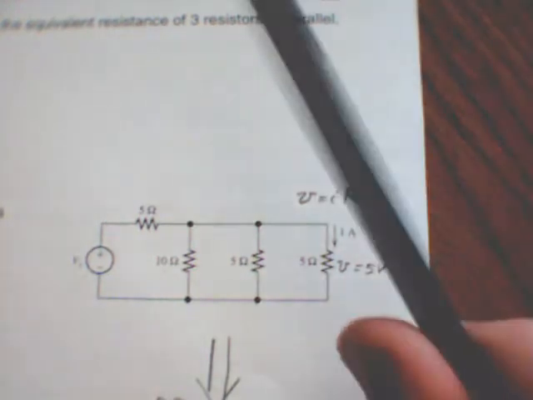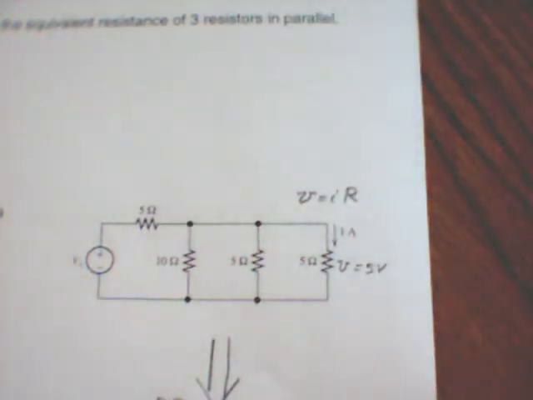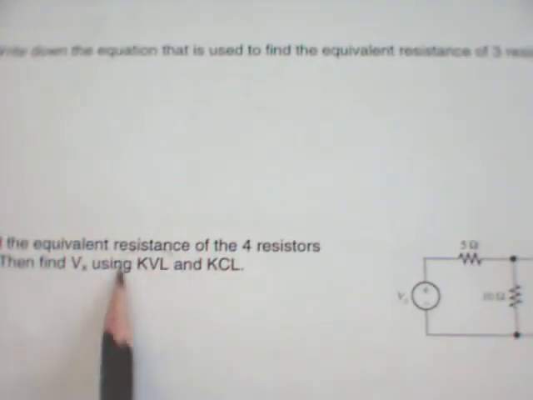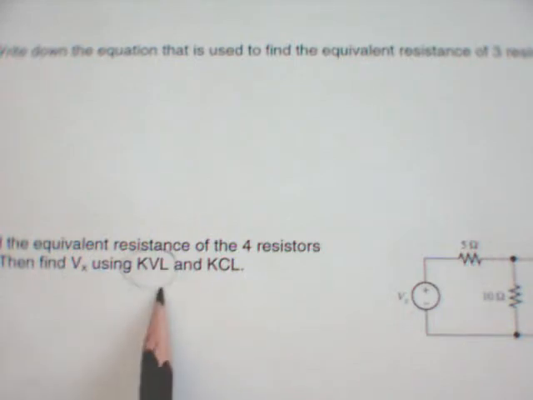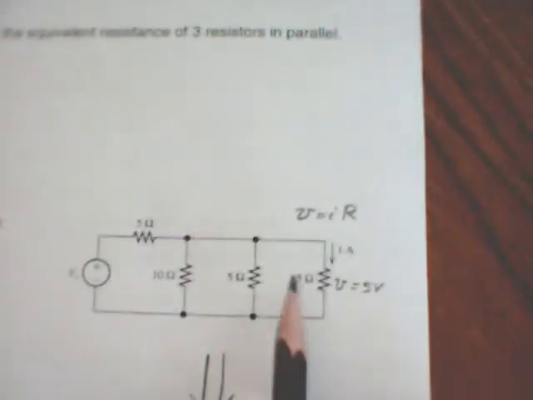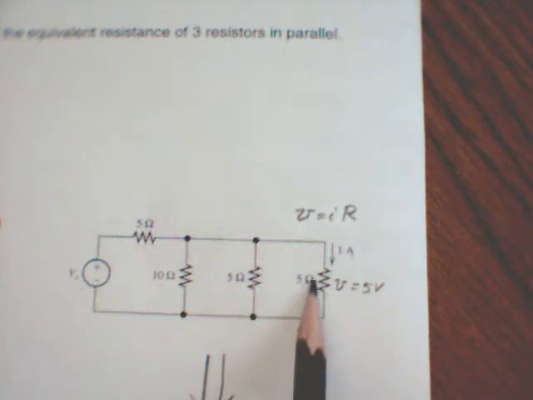We can also use the rule that components that are in parallel have equal voltages. This is essentially Kirchhoff's voltage law, that if you have a voltage rise going this way, then it's going to be a drop over that way.